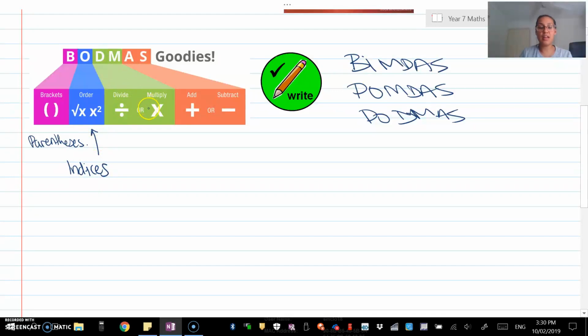Divide and multiply can be done at the same time, and they are done left to right. And it's the same with addition and subtraction, left to right. And that is so that we can avoid confusion.